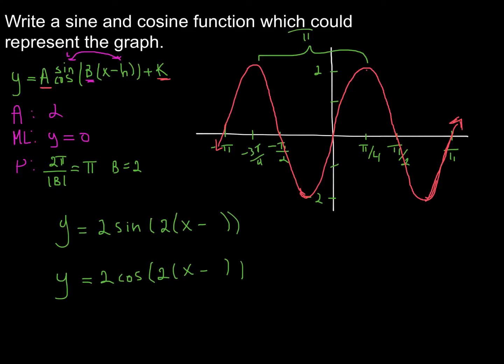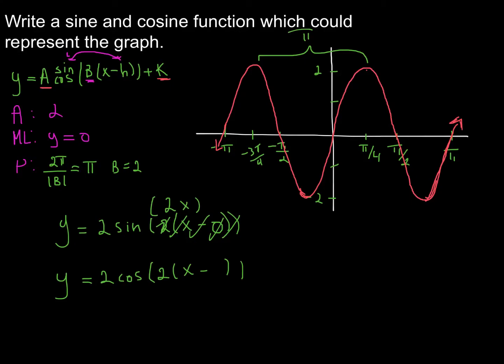So it turns out here, look, I'm in great shape, because this is exactly what happens here. It starts on the midline, and there's no phase shift that needs to happen in order for me to start on the midline. So for sine, the phase shift is going to be 0, and I could even rewrite this inside piece as sine of just 2x, right? Because x minus 0 is x.